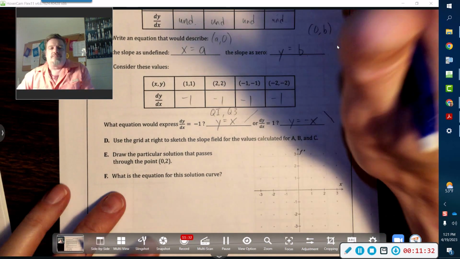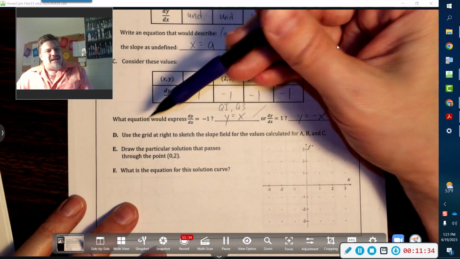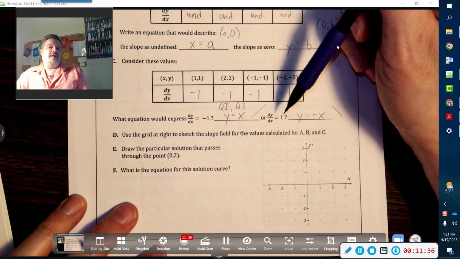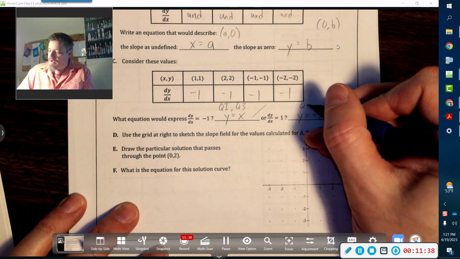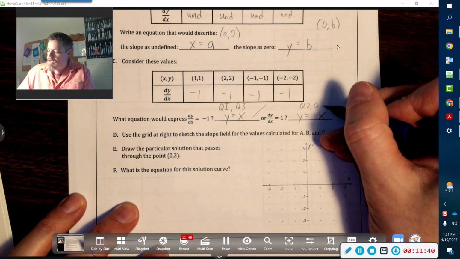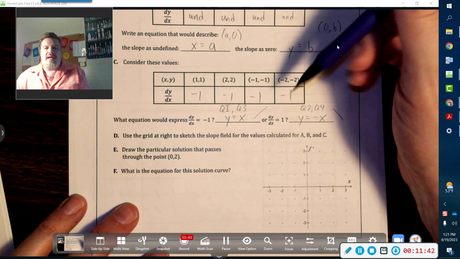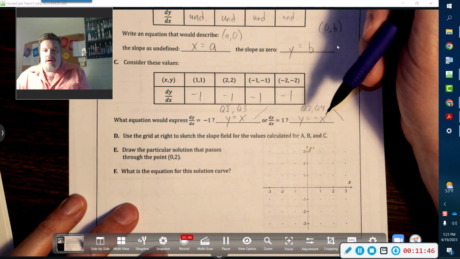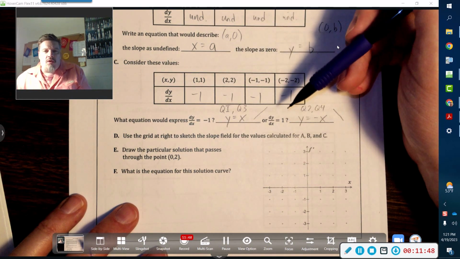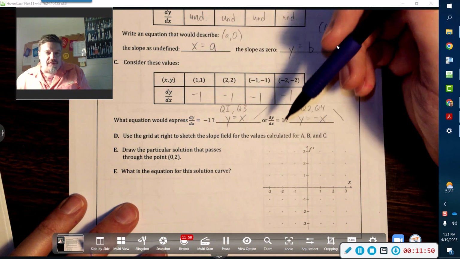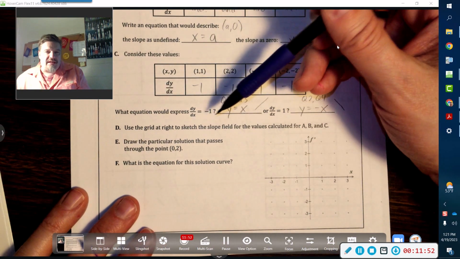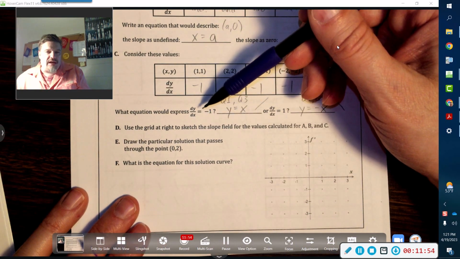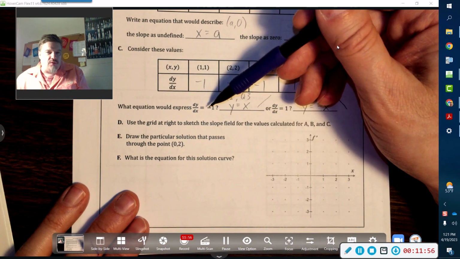Now, I'm actually not sure exactly why they ask this. I don't know if my explanation for this was unclear. Really, fundamentally, what we're looking for here is not necessarily to get the equation, but that if we graph this, we would know these things.